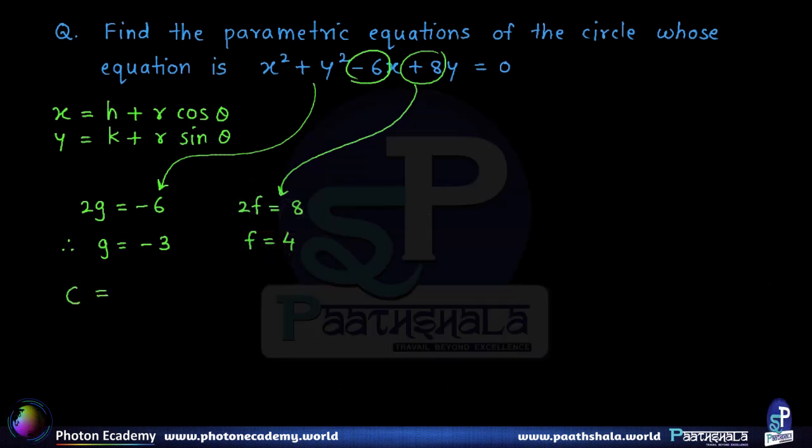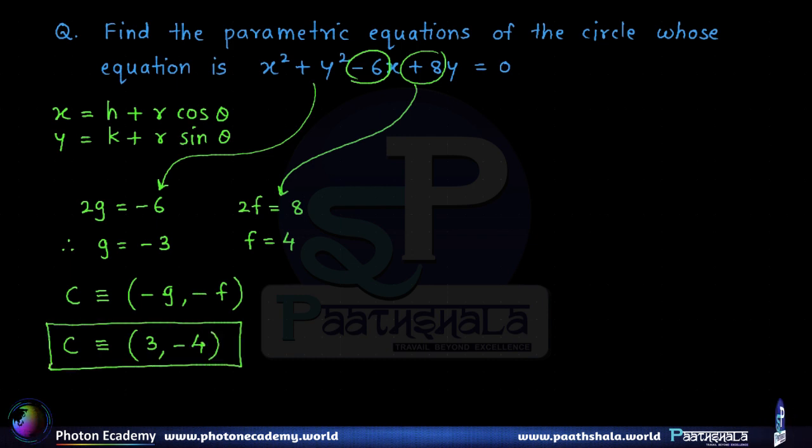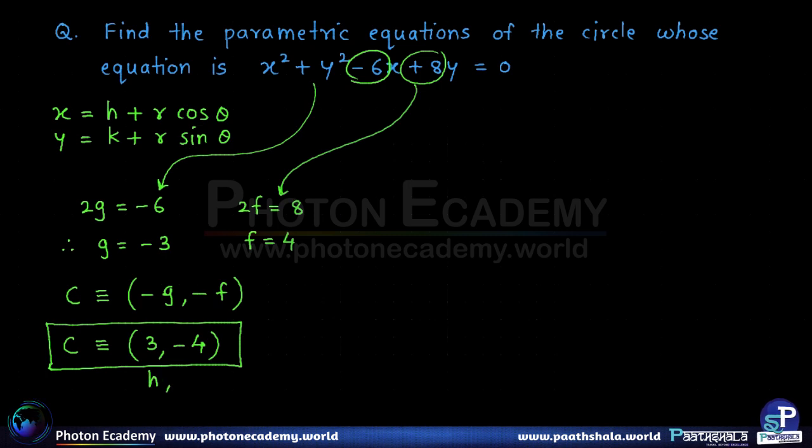So the center, since it is minus g comma minus f, we merely negate the values so obtained, so that turns out to be 3 comma minus 4. So we have obtained the center of the circle, which is h comma k, which we will plug in here. And now we have to find the radius.